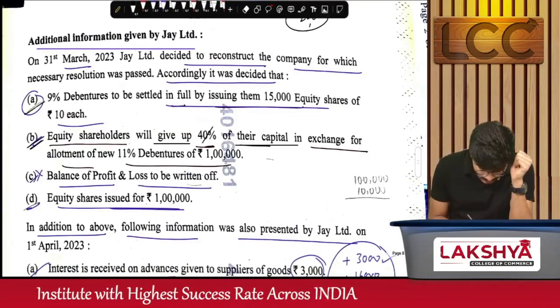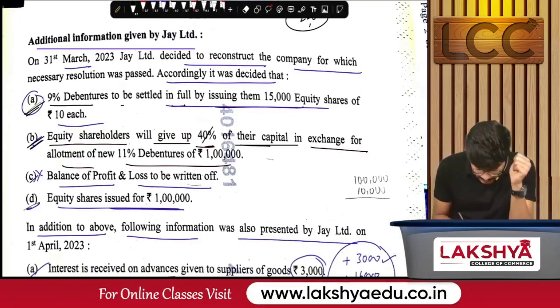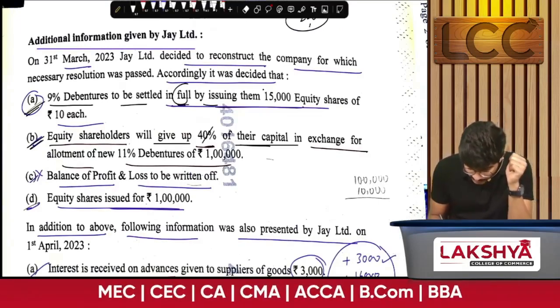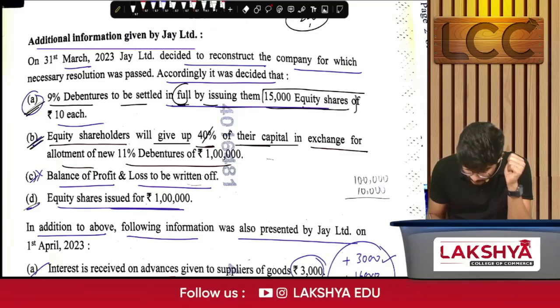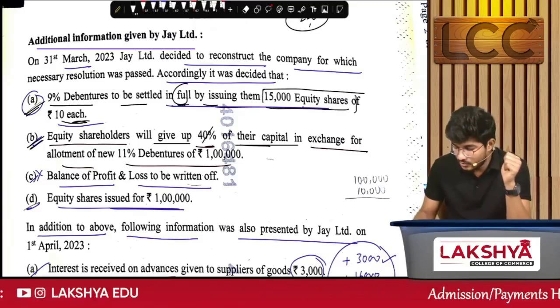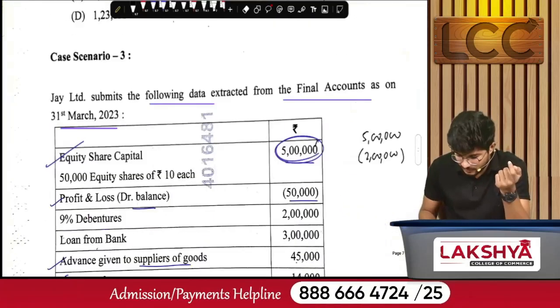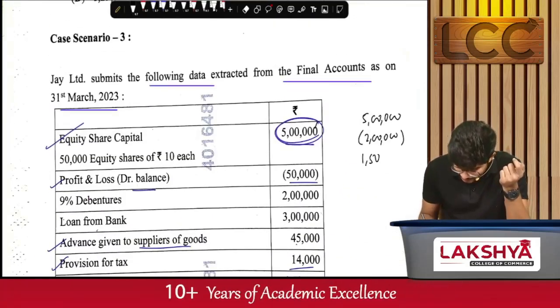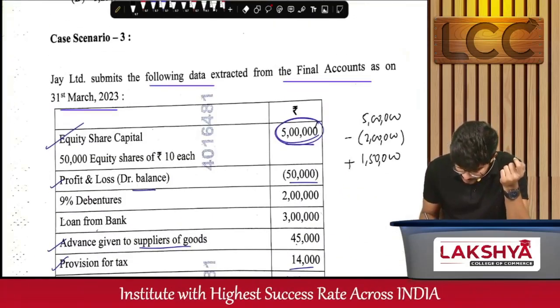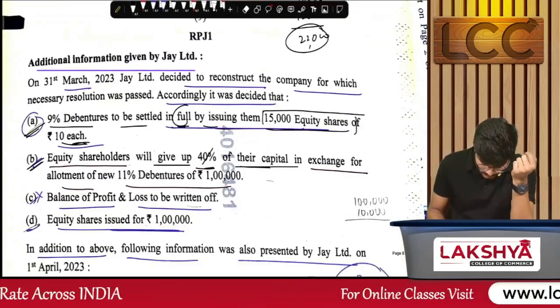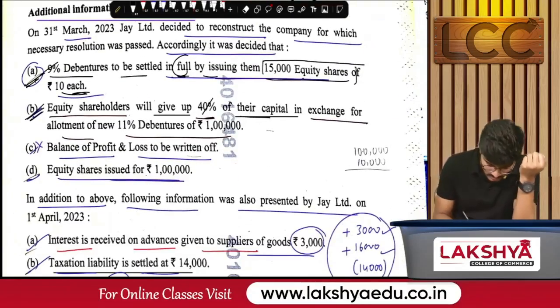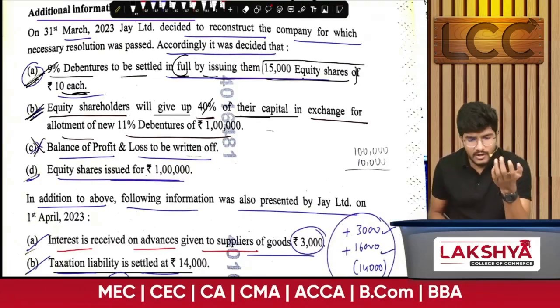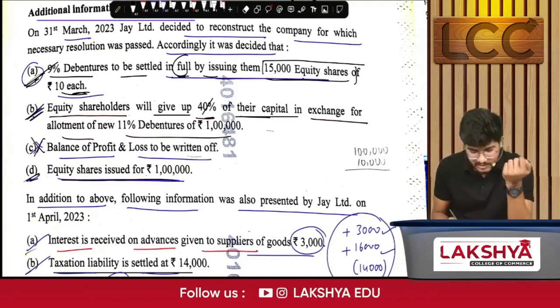And in point A, 9% debentures are to be settled in full by issuing 15,000 equity shares of rupees 10 each. So 15,000 into 10 is also fresh equity capital. So 1,50,000 is fresh equity capital. This is plus and that is minus as a scheme of internal reconstruction. And point C is not relevant. And point D, equity shares issued for 1 lakh.